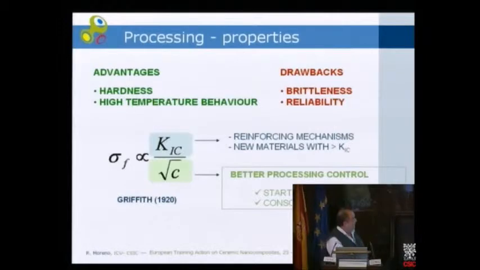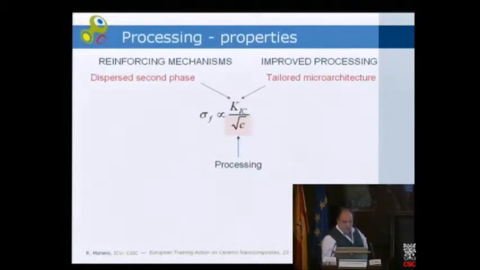On the other hand, we can act on processing with better processing control in two ways. One, use better starting powders, with better control and a minor number and size of defects, and better consolidation techniques.